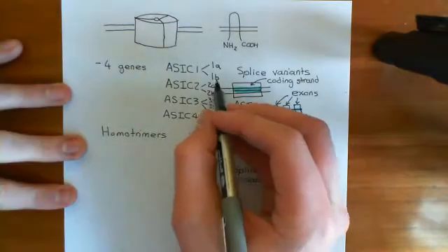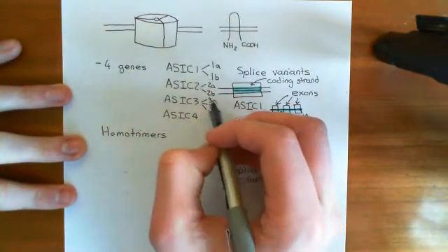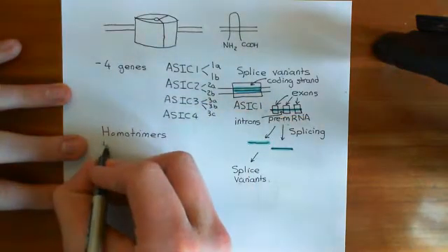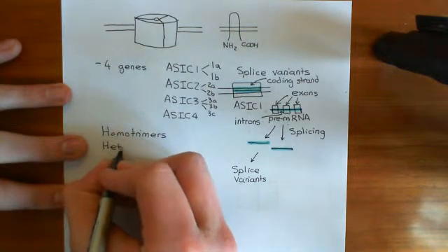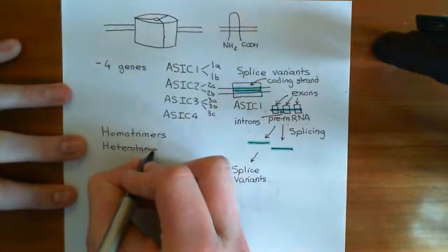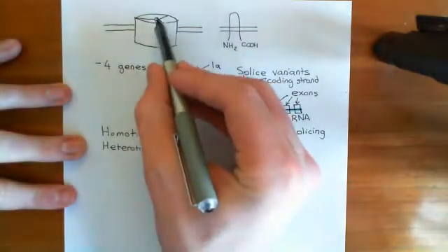Now, homotrimers do exist. We know that many homotrimers of these different ASIC subunits exist. In addition, we also know that heterotrimers exist. In heterotrimers, you don't have the same subunit in all 3 slots.